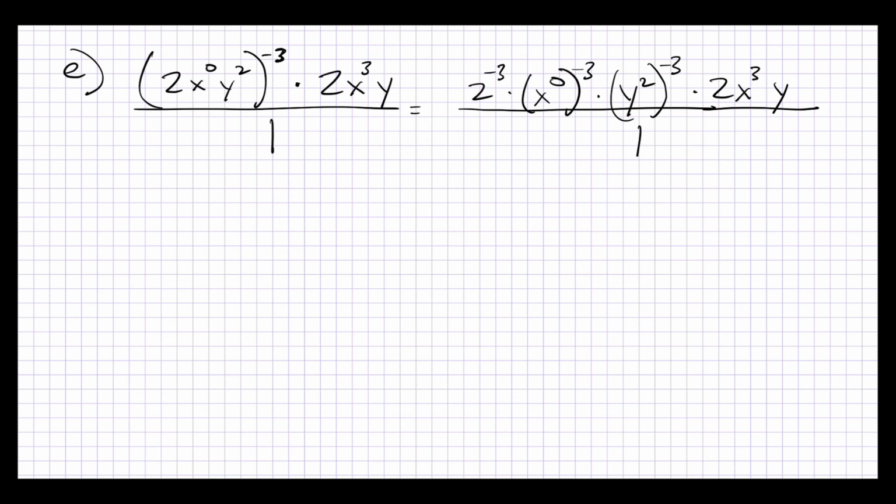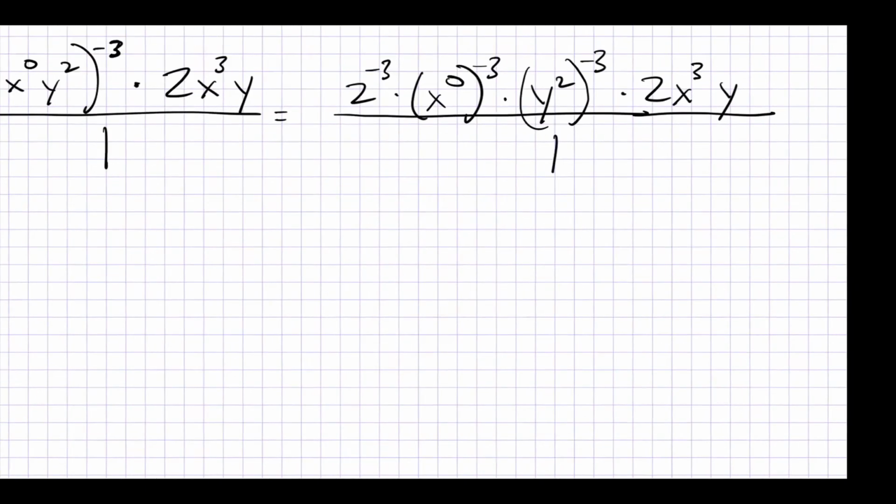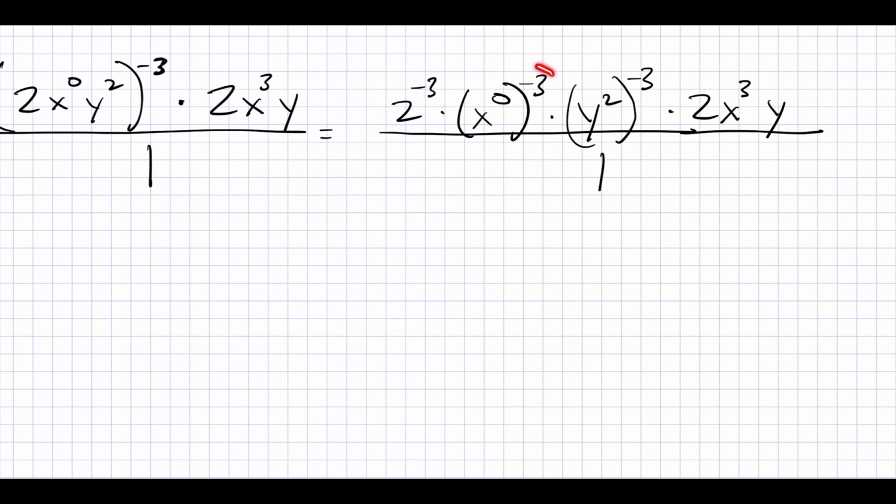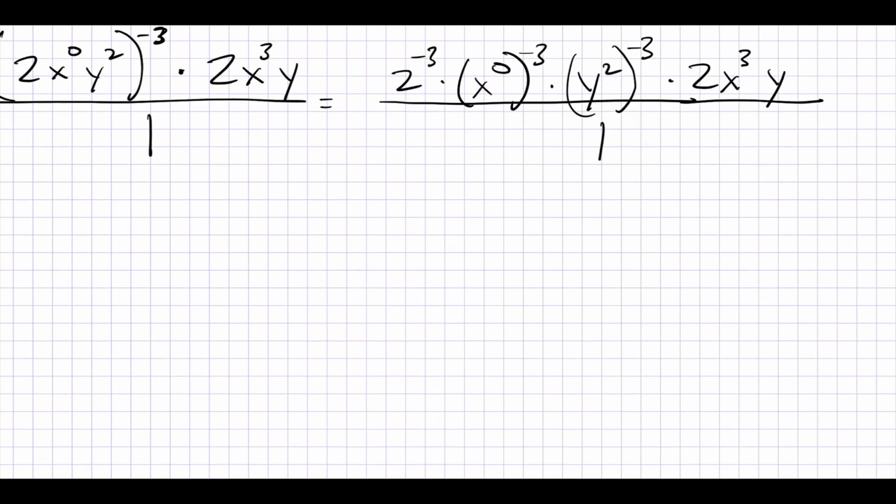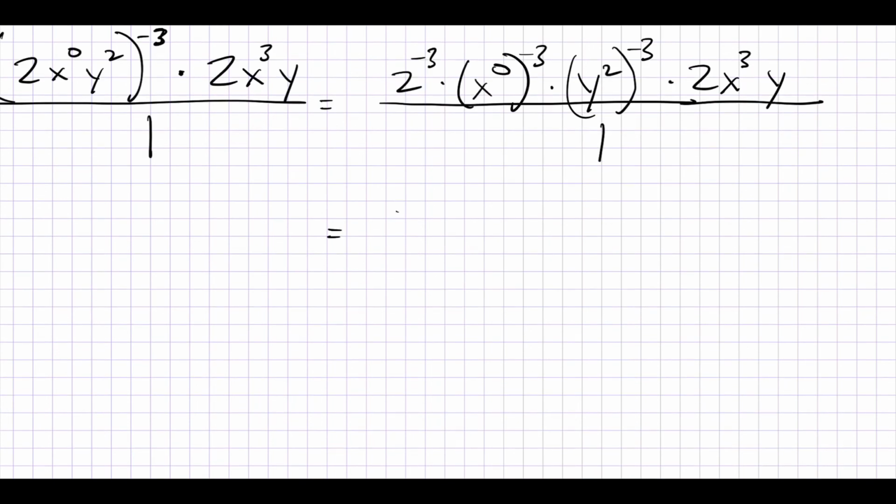I'm not done with step 1 yet. I still got to take care of the parentheses here. So I need to multiply these 2 guys and multiply these 2 guys. So I get 2 to the negative 3, x to the 0 power, y to the negative 6 when I multiply.